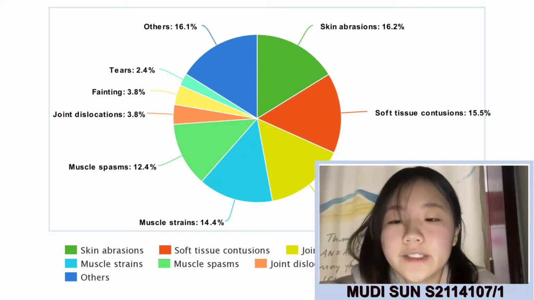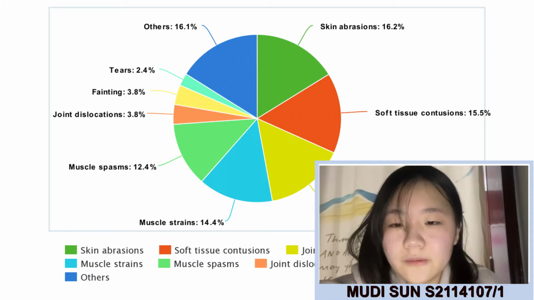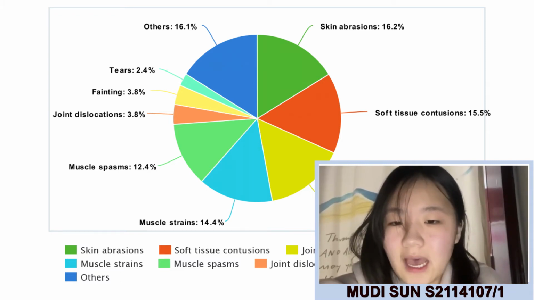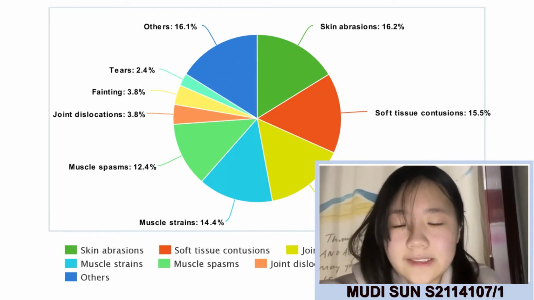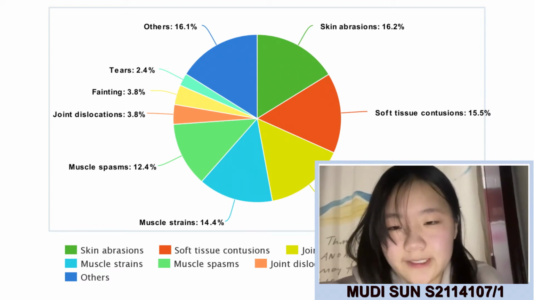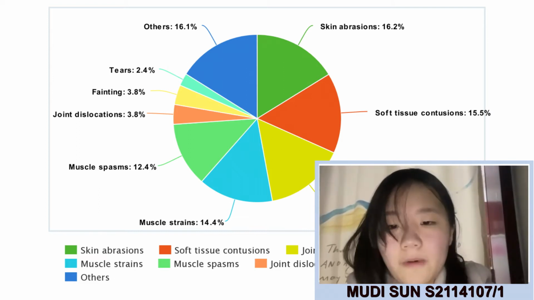Other injuries include muscle strains at 14.4%, muscle spasms at 12.4%, joint dislocations and fainting both at 3.8%, and tears at 2.4%.